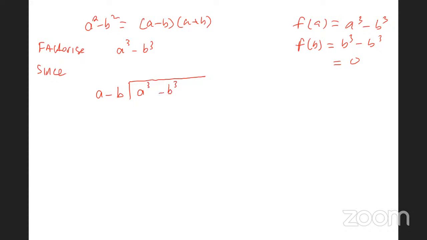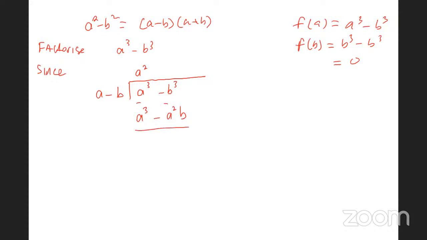A into a cube is what? A squared. A squared, nice. A squared by a is a cube. A squared by minus b is minus a squared b. Next step, subtract.